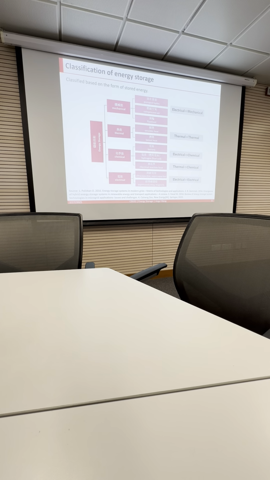So here is a graph that demonstrates the classification of energy storage. It's quite complicated when you first look at it, but we can look at it one by one. We can classify the technologies based on the form of energy they store.